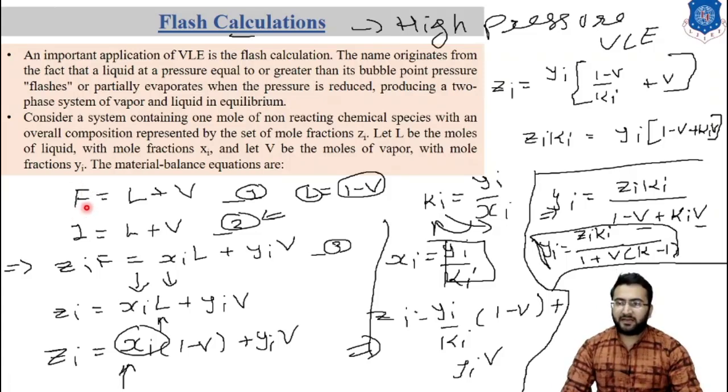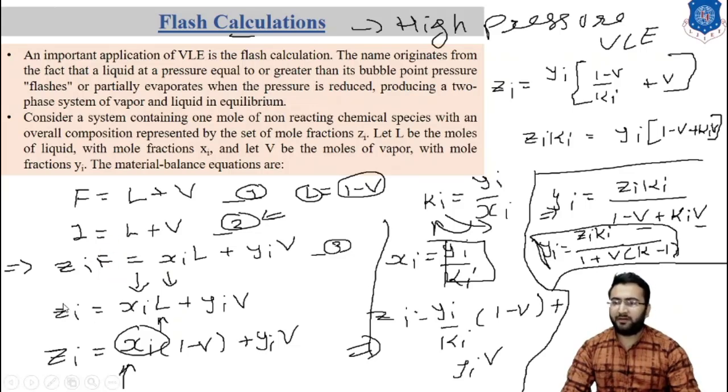So first we take the material balance for the feed, liquid composition, and vapor composition, where F is the mole composition of feed, L is the mole composition of liquid, and V is the mole composition of vapor. By doing the material balance, this equation becomes ZiF is equal to XiL plus YiV.